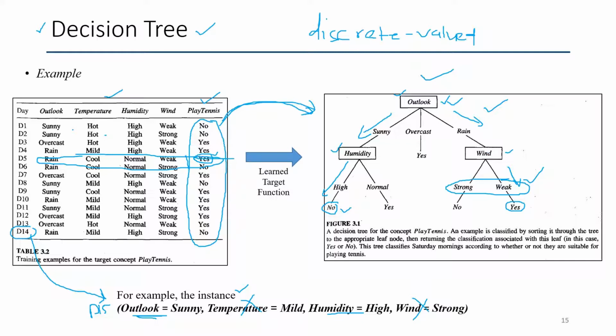Outlook has three options: sunny, overcast and rain. For wind we have two values, weak and strong. So in this decision tree, a node indicates a test of one particular attribute, and one branch will be a value of that attribute.